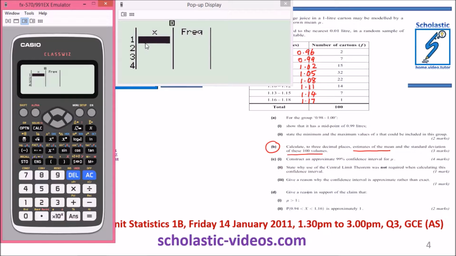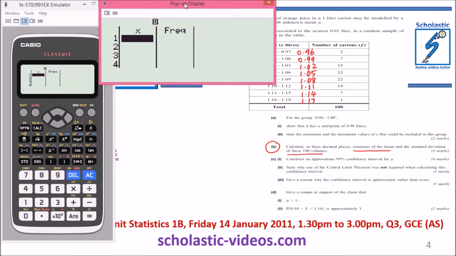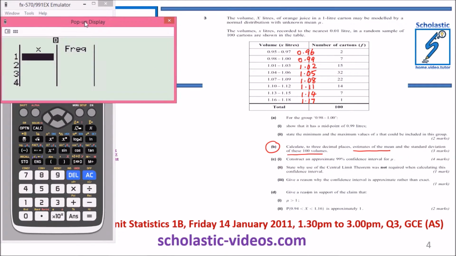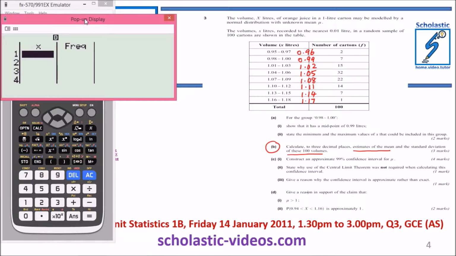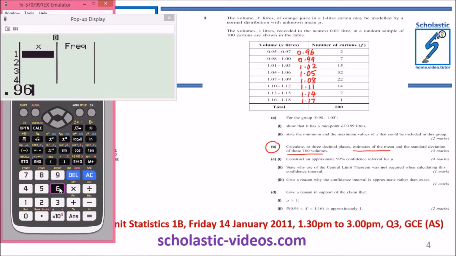What I'm going to do is enter the values: 0.96, enter. These are the x values I'm going to enter, then frequency later on. Frequency is still 1 here, but we'll come to that again. 0.99, enter.